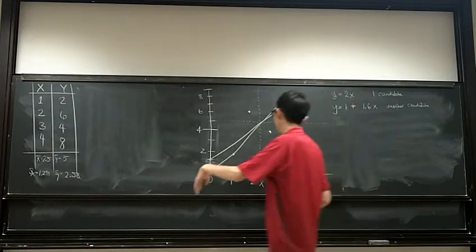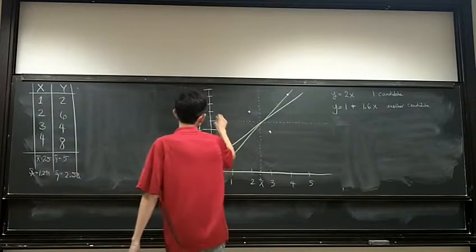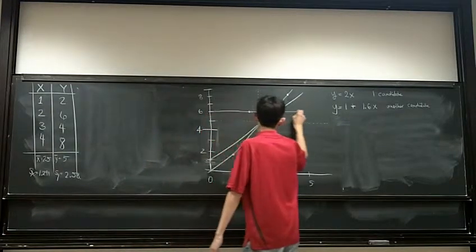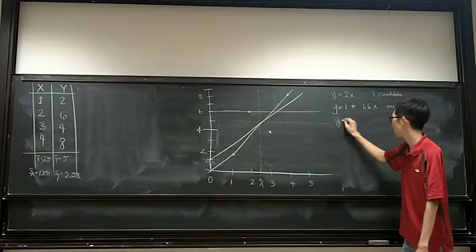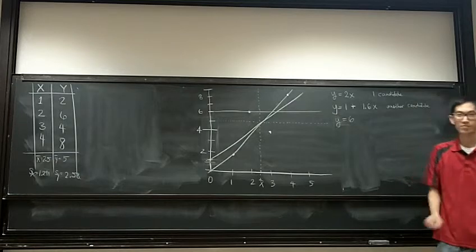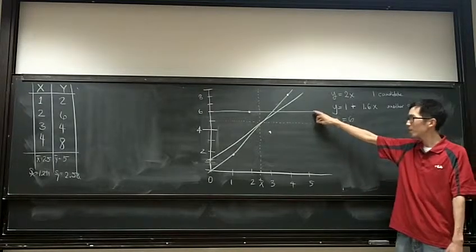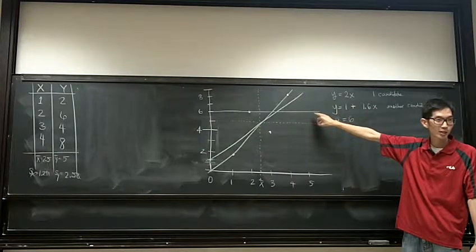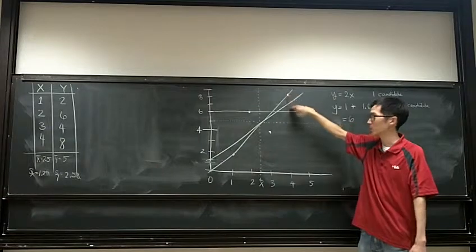And let's just throw in a terrible line just for fun. We'll say this one is y equals 6. I think we can pretty much say this line is not going to be a good fit. Okay? But which one's better, this one or this one?